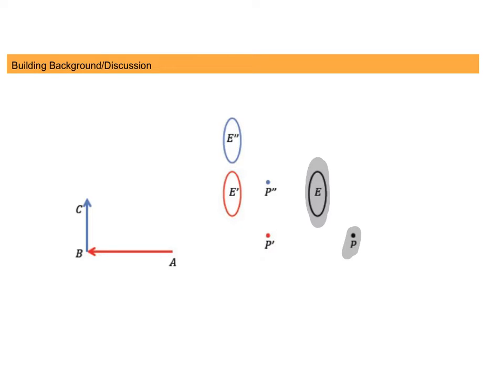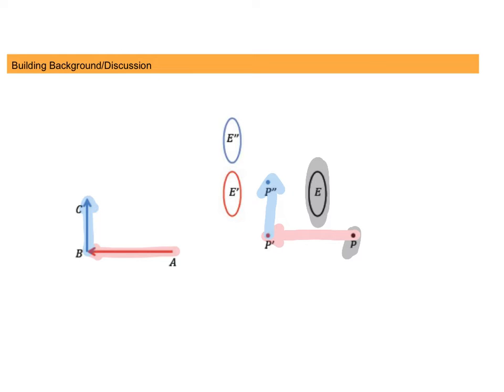So the first movement is it goes from P to P prime right here. So that is showing that it's moving along vector AB, because that's how far it's moving and that's the direction it is moving in. Okay, and then with a sequence we have another movement as well. So it then moves along vector BC, moving up, and finally gets to this P double prime.